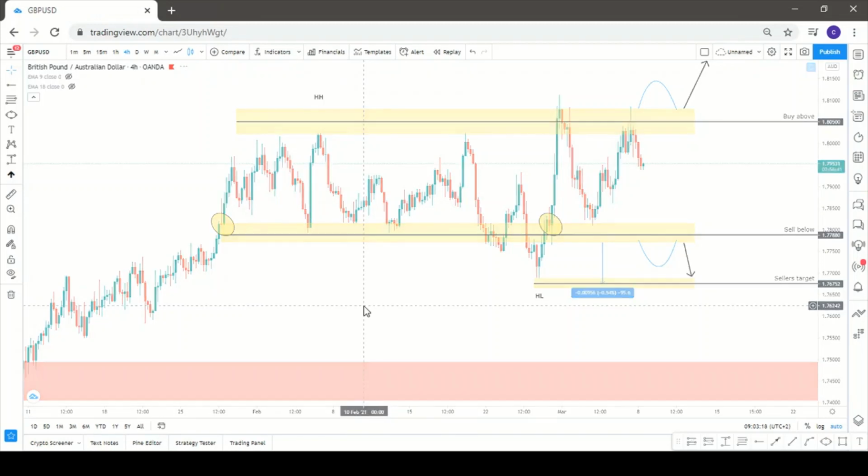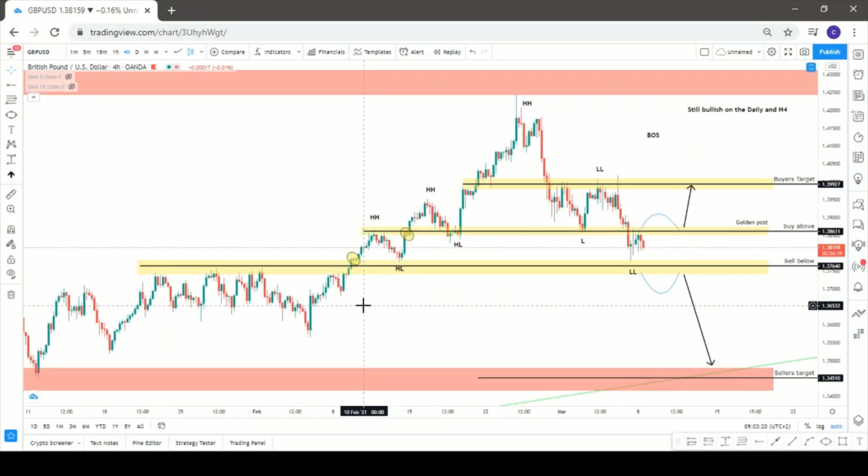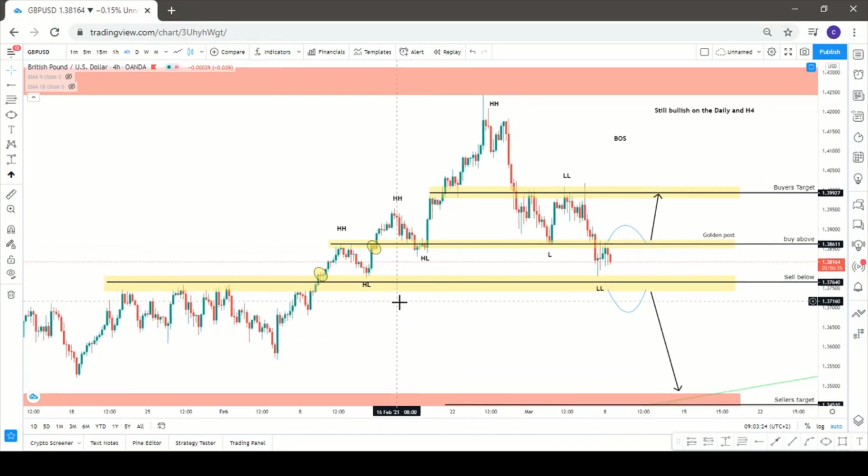For the next pair, which is British Pound American Dollar, we have seen that the British Pound has not been very strong going into February, but the main move going into March, the main move of all the markets has been the American dollar, and that has been due to various reasons, where the Fed has hinted at hiking rates again because the market seems to recover.